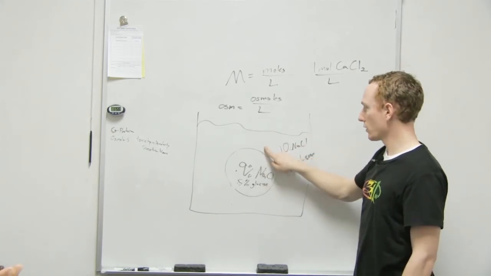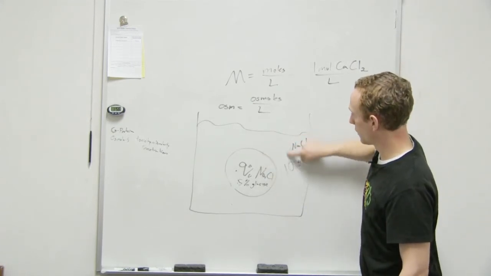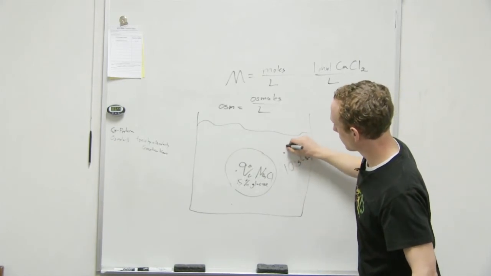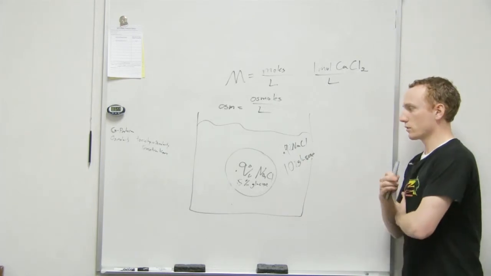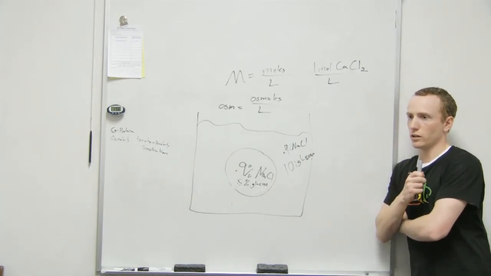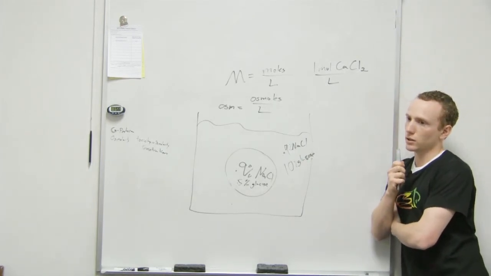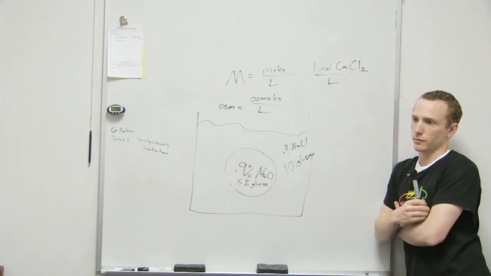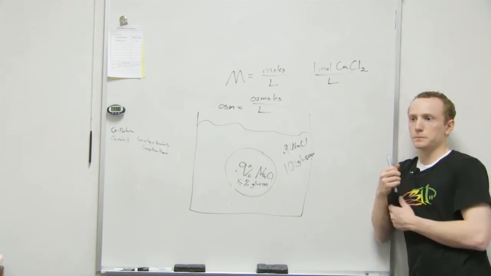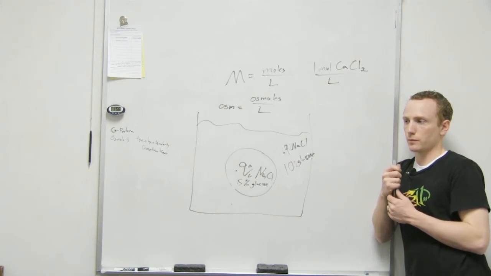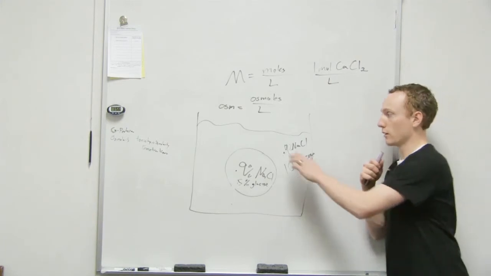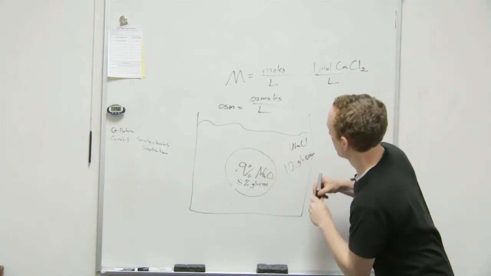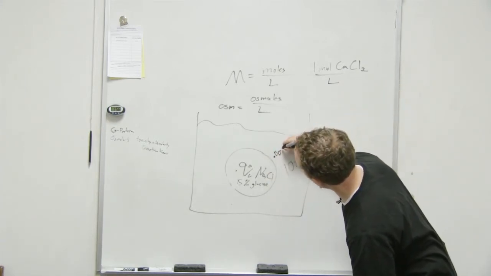What if I said this was 0.9? Then the osmolarity would still be hyperosmotic, and the tonicity would be isotonic. Correct. What if I said 0.001?